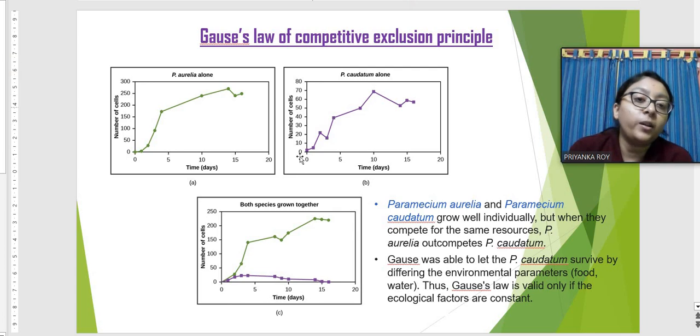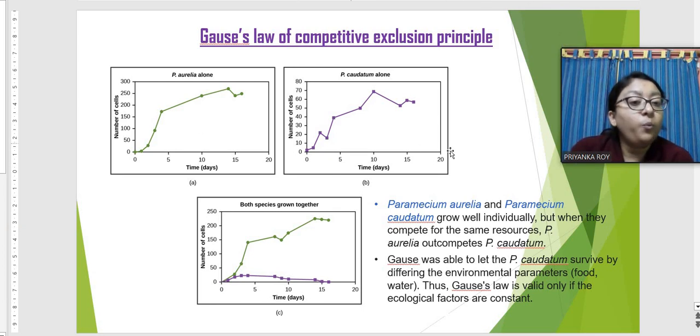When it is P. caudatum alone, it is also growing rapidly. But when both species are grown together, you see that P. aurelia is competing with P. caudatum and not allowing it to grow. P. aurelia is the dominant species over here.